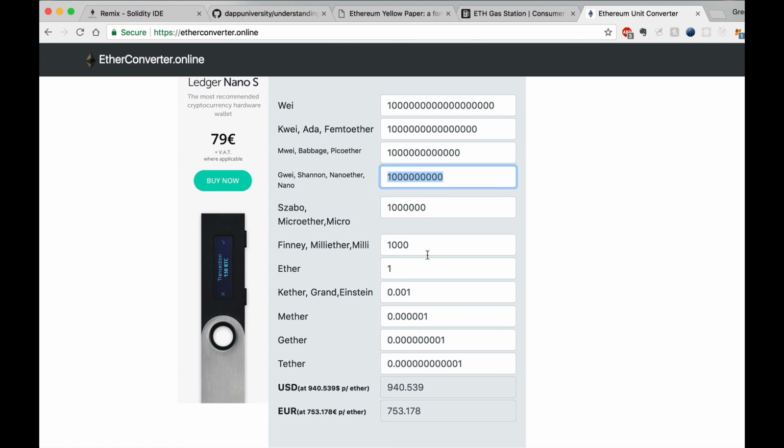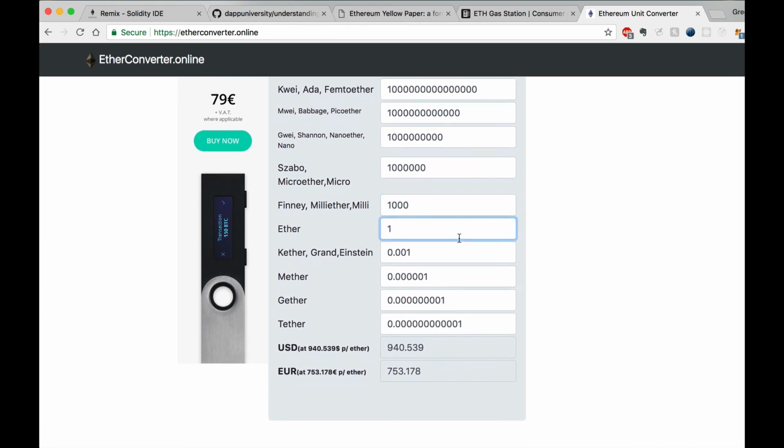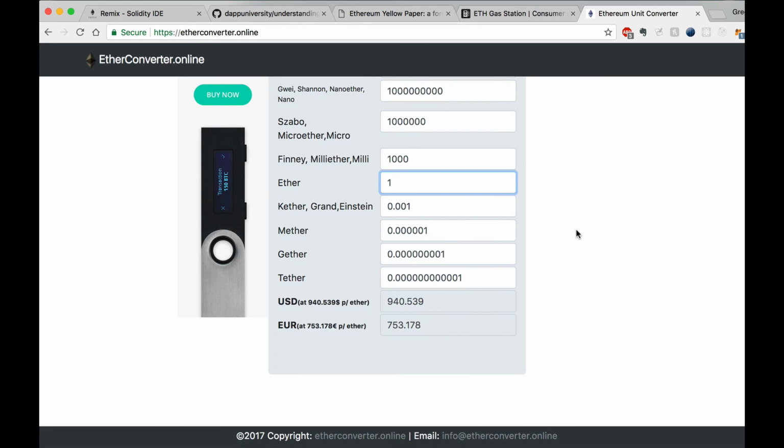can be subdivided. So yeah, you can see this is Wei, this is Kilowei, which has other names, Megawei, Gigawei. This is now Micro Ether, Milli Ether, 1 Ether, and so on and so forth.